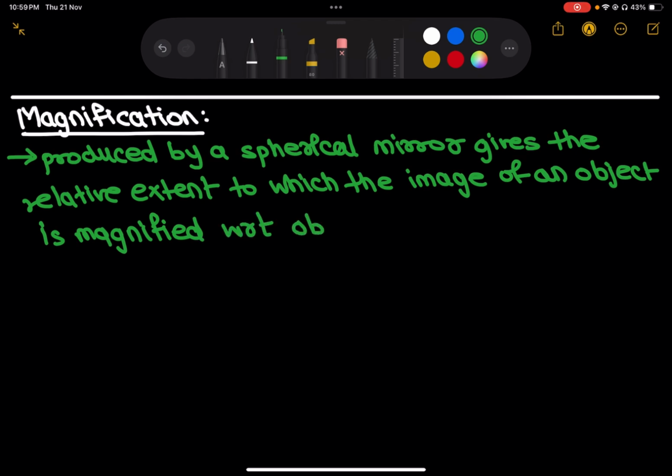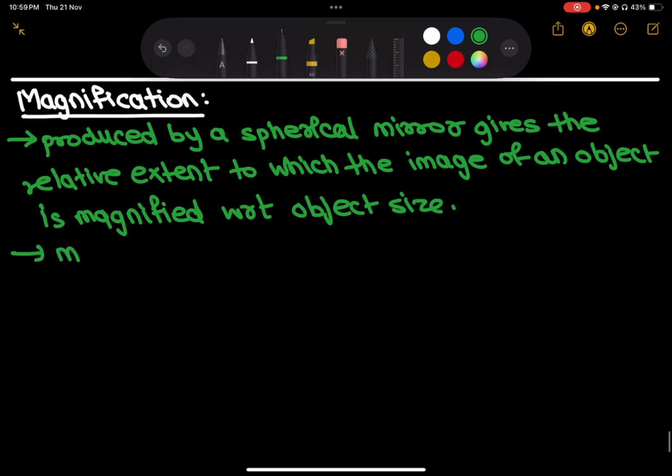I gave this definition in full because it's important for the boards, right? They may ask, define magnification. It is represented by the letter m.